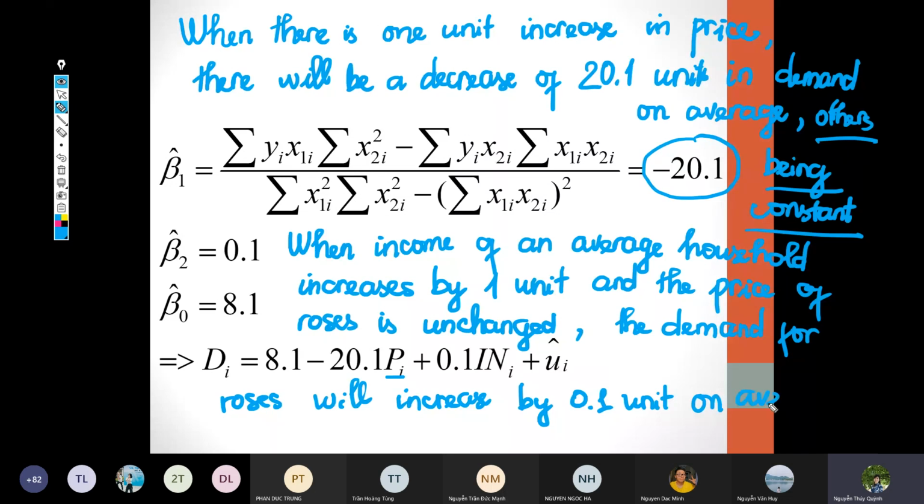All right, that is the meaning of beta 2 hat. And here is the meaning of beta 1 hat.